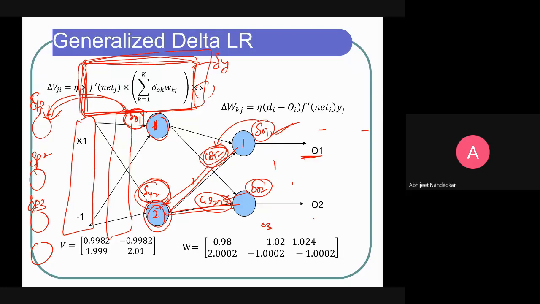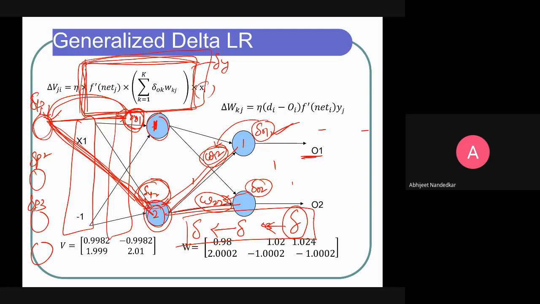That means you will take this delta y1 and multiply it with its weight here, then take this delta y2 and multiply it with this weight, and added together it will give you this delta y. Like that you can proceed for so many layers. Once you compute delta for the last layer, it is propagated in the reverse direction. That's why it is called error back propagation. So the error signal is in the form of delta. I hope this is clear now.